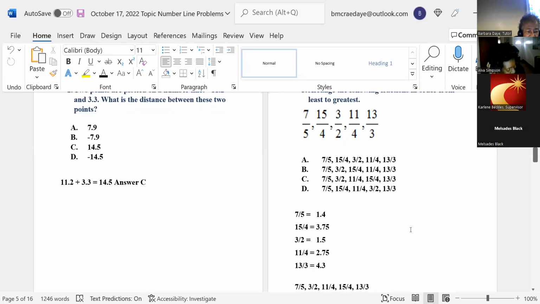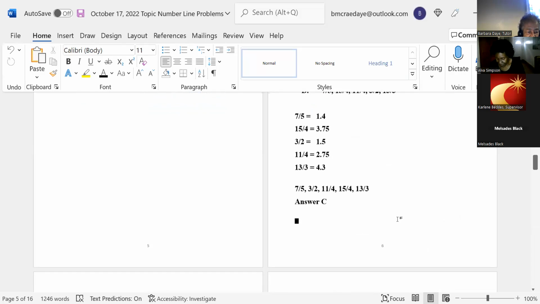Okay. Let me give you some more fractions. I want you to take these fractions and put them in order. I'll give you some that you know. 1 over 4.